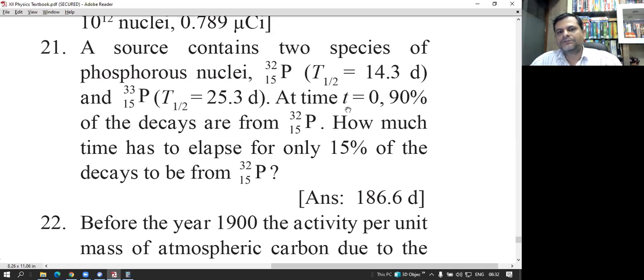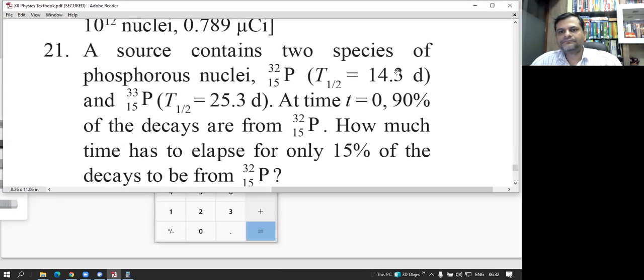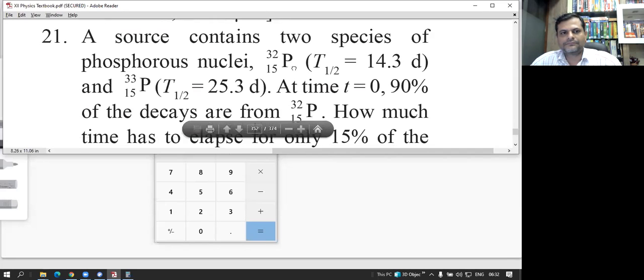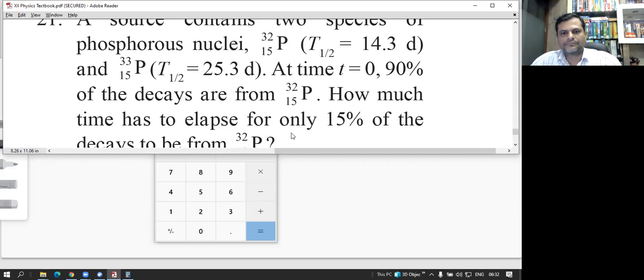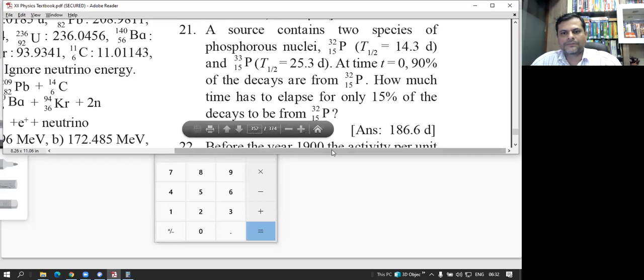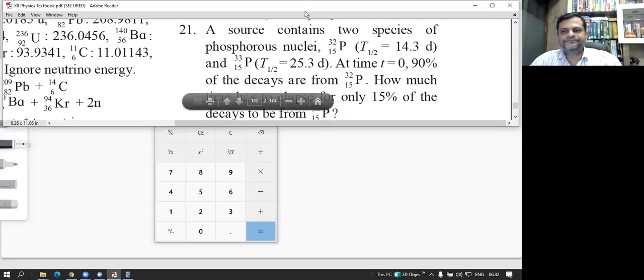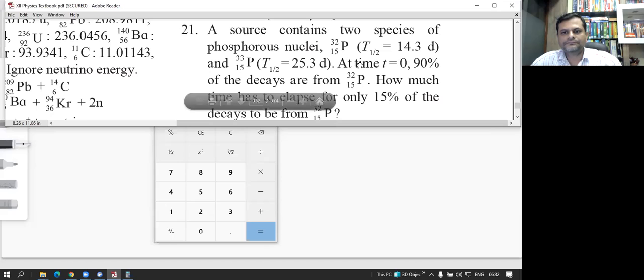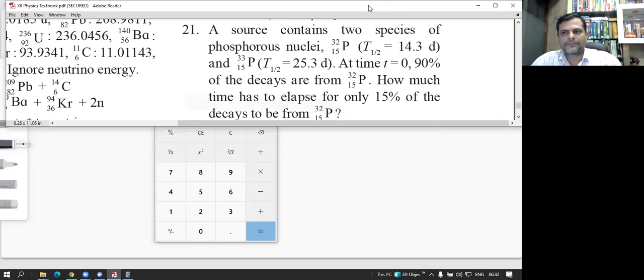Okay, see here carefully. The source contains 2 species of phosphorus nuclei, 32 and 33.